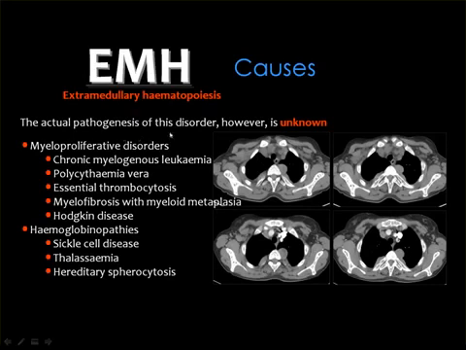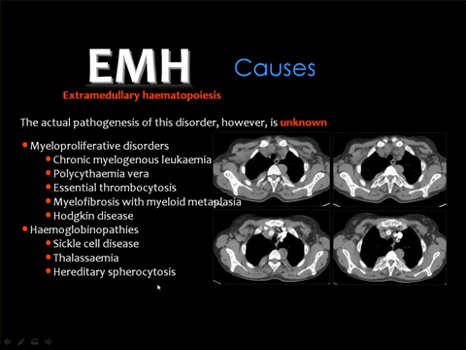The pathogenesis of this disorder is actually unknown, and here you can see some of the causes of extramedullary hematopoiesis: in leukemia, in polycythemia vera, in essential thrombocytosis, in myelofibrosis and myeloid metaplasia, in Hodgkin disease, in hemoglobinopathies like sickle cell disease, thalassemia, and hereditary spherocytosis.